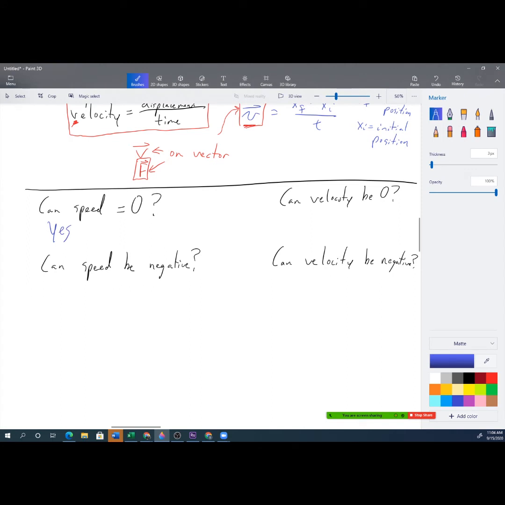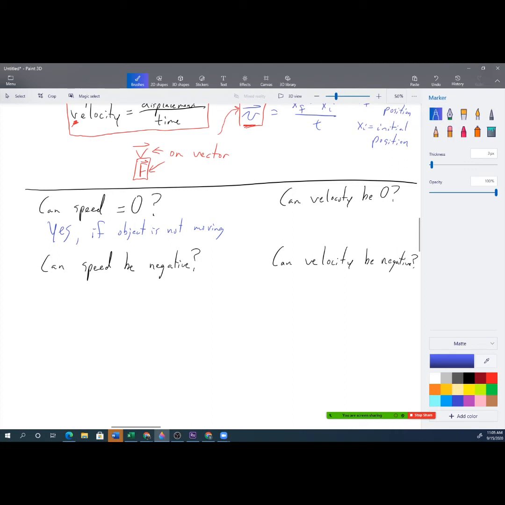Now, would you tell me when it can equal 0? What conditions would your movement need to have a speed of 0? Not moving. Perfect. Yes, if the object is not moving, it obviously has a speed of 0 meters per second, miles per hour, whatever units we're using, it's 0.